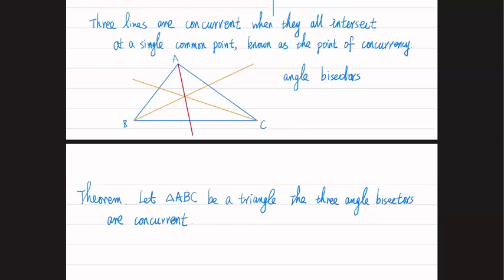That means the three angle bisectors intersect at a single common point.